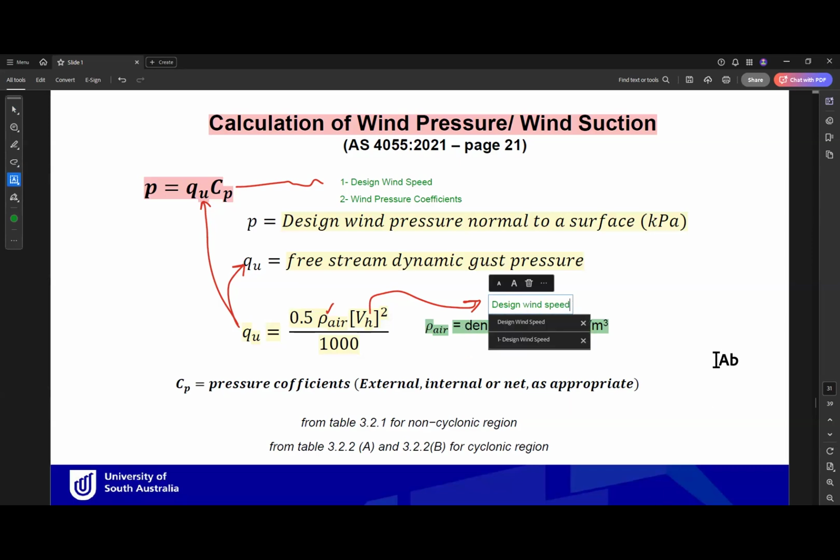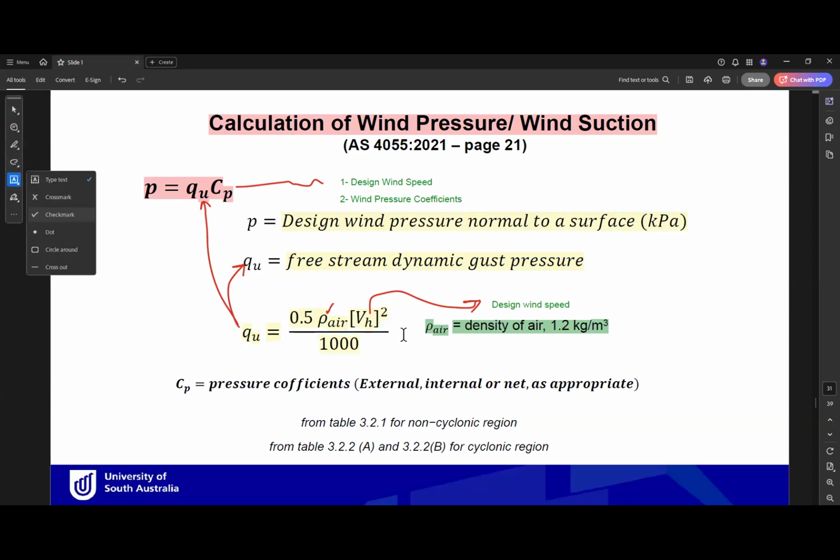We already found the design wind speed in the previous step, and it will be used to find q_u. This value will be in kPa.